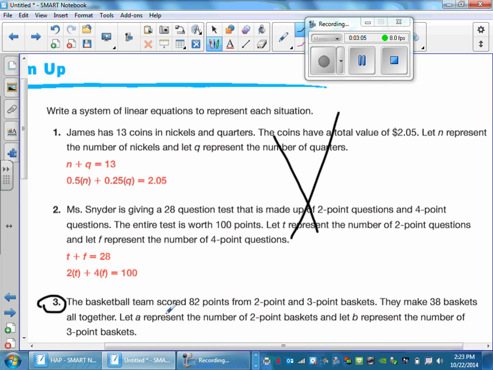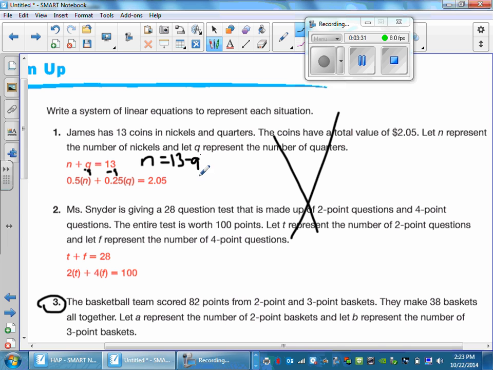So for example, if I wanted to solve number 1 up here, I would have to substitute. So n plus q is 13. Well, I don't want 2 letters, I want 1. So if I subtracted q from both sides, I could say n equals, and you don't have to write this down, you're listening, 13 minus q.